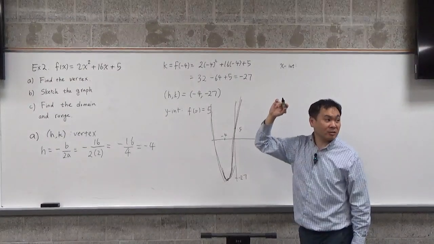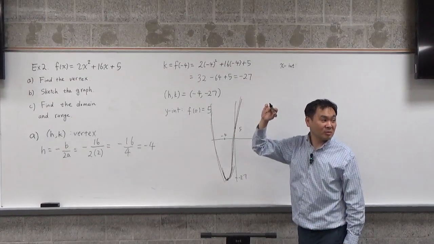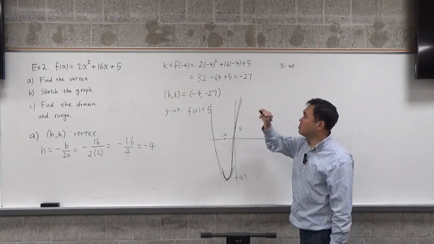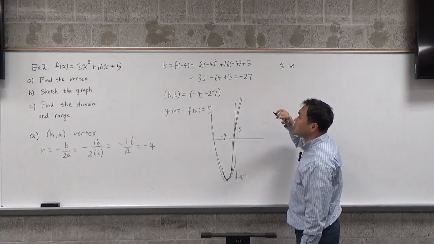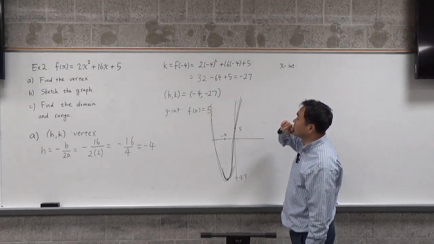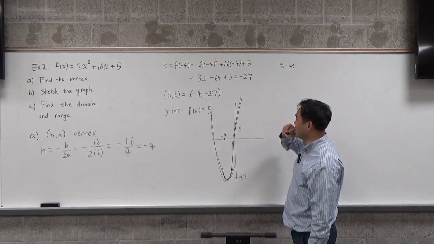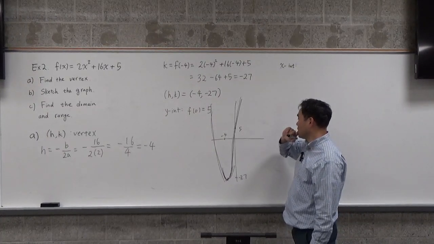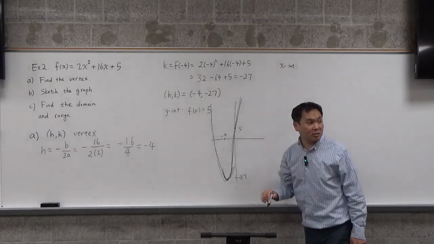I know how to do it. My question was, I found that one of them was negative 1, for example. Since it's 3 away from negative 4, does that mean the other x-intercept would be negative 7? No, negative 1 is not an x-intercept.